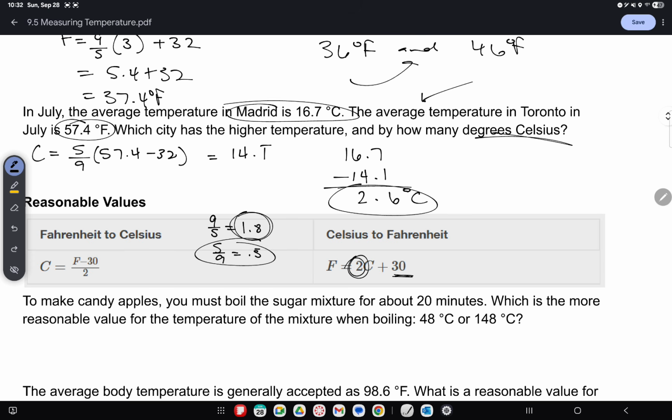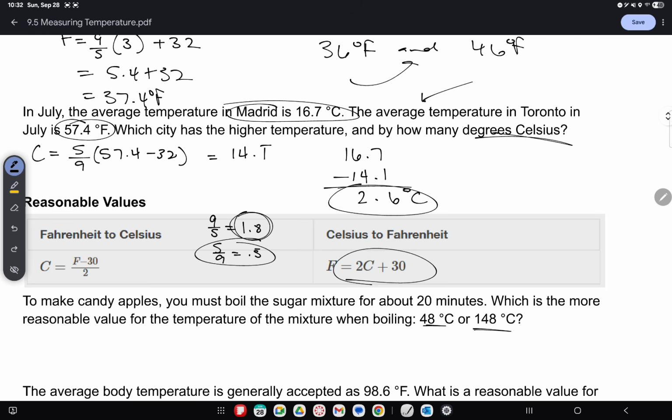All right, so we want to look at some reasonable values, right? So to make candy apples, we must boil the sugar mixture for 20 minutes. What's a more reasonable value to have the temperature when boiling? 48 degrees Celsius or 148 degrees Celsius? So if we want to go from Celsius to Fahrenheit, we could do an about formula.